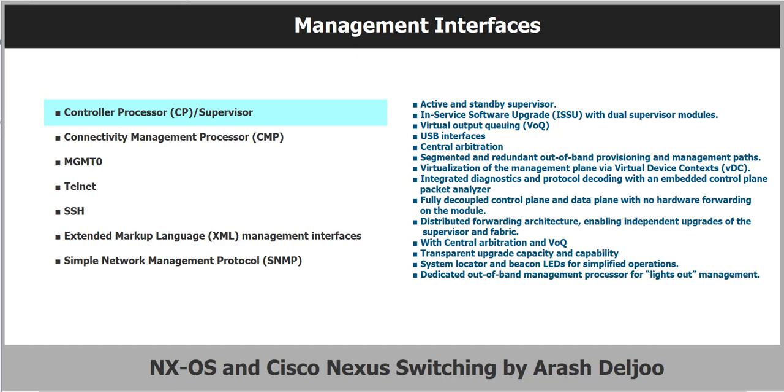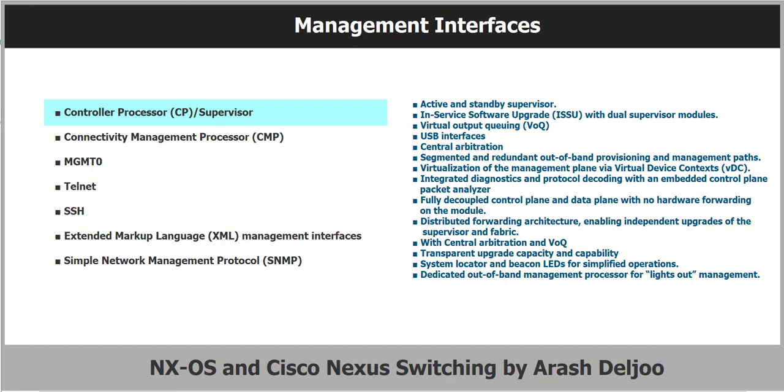I know that you have heard about some of them in IOS, for example, SNMP, SSH, Telnet, and also MGMT is available in today's devices, but maybe the XML is new, and also the controller processor, CP, supervisor, connectivity management processor or CMP. Don't worry about the detail, because when you use your devices, you will have all these options, and when you work with them, you can remember them easily.